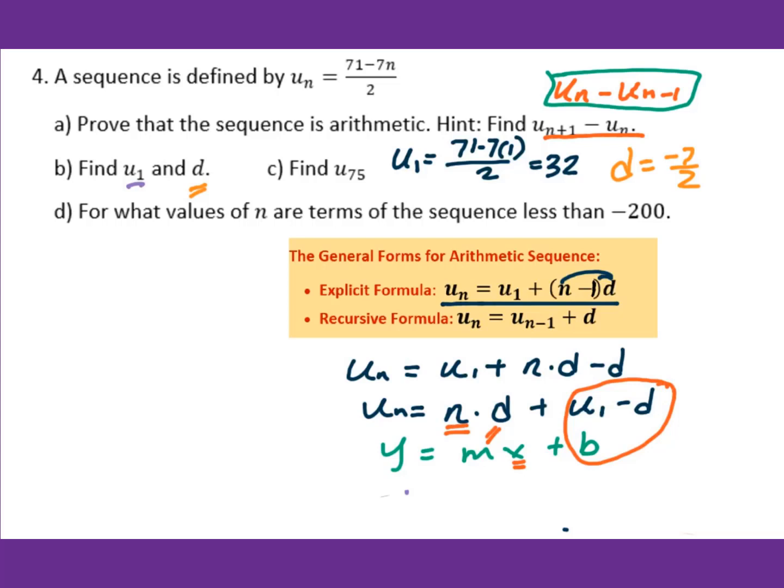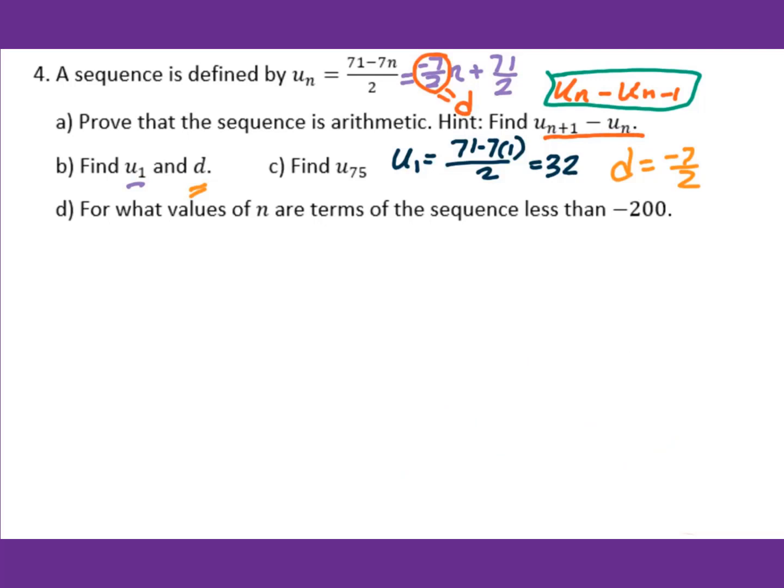Therefore, for u sub n equals 71 minus 7n over 2, I can organize it like negative 7 over 2 n plus 71 over 2. Then this slope will be the common difference.